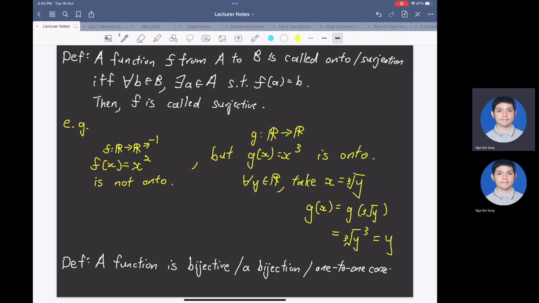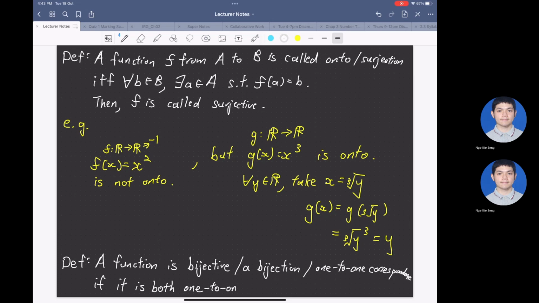Okay, it's different from one-to-one. This one is one-to-one correspondence, if it is both one-to-one and onto.